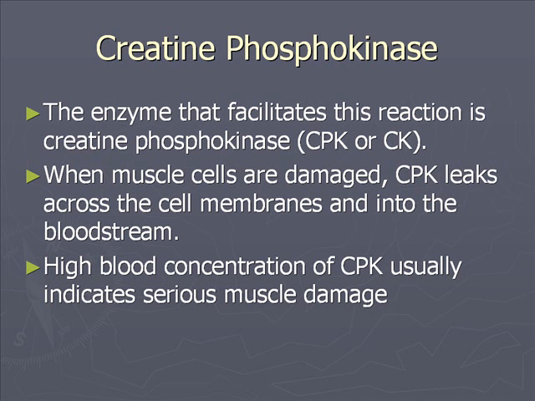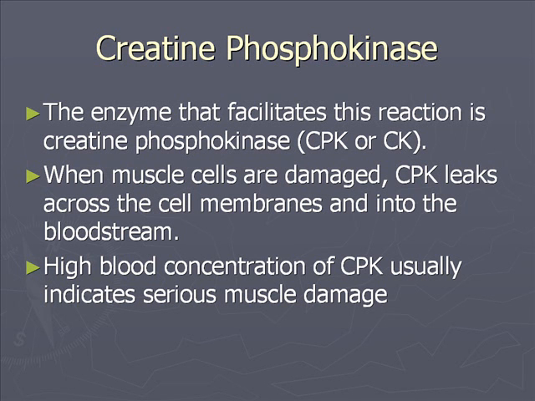Now each CPK is specific for each different muscle. CPK in the skeletal muscle has a particular constituent. CPK from the cardiac muscle has specific constituents. CPK from smooth muscles of the gastrointestinal tract has different markers as well.